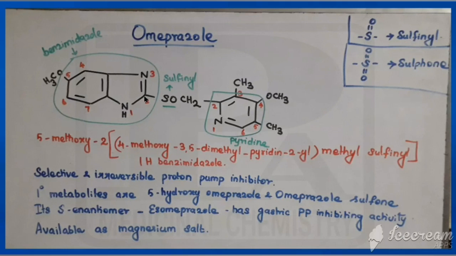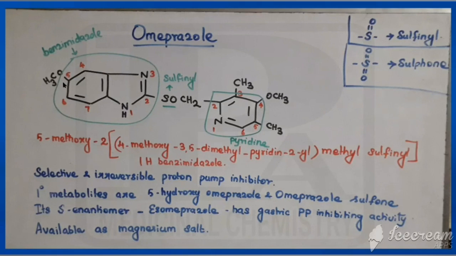So here the second position of benzimidazole is connected with sulfinyl, which is connected to methyl, and that is connected to the second carbon of pyridine, whose third and fifth positions have methyl groups, and the fourth has a methoxy group. So totally two heterocyclic rings are present: benzimidazole and pyridine.